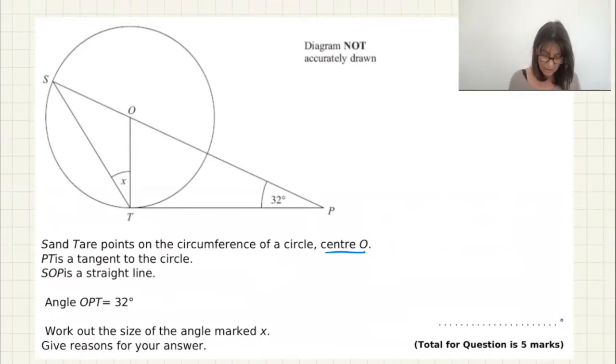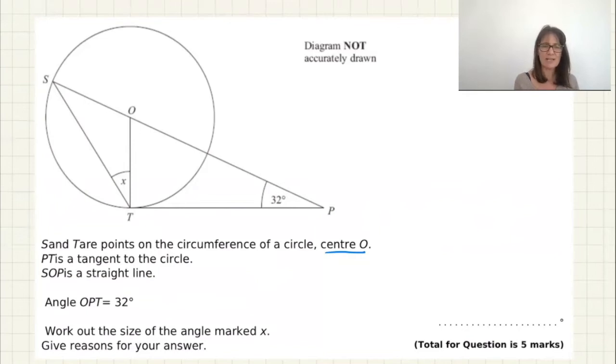Angle OPT is marked on for me at 32, and I need to work out the size of the angle marked X. So everything is in the diagram already. There isn't anything in the extra worded version that needs to get transferred up. So it's just a case of me now starting to go through all those properties that I've learnt so that I can go on and solve this.